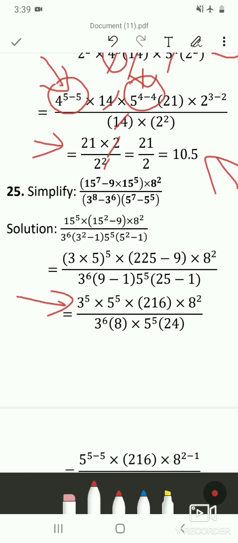So in this step we know that AB whole raised to m can be written as A raised to m into B raised to m. So here this term we are writing it as 3 raised to 5 into 5 raised to 5 into 216 into 8 square whole divided by 3 square into 8 into 5 raised to 5 into 24.